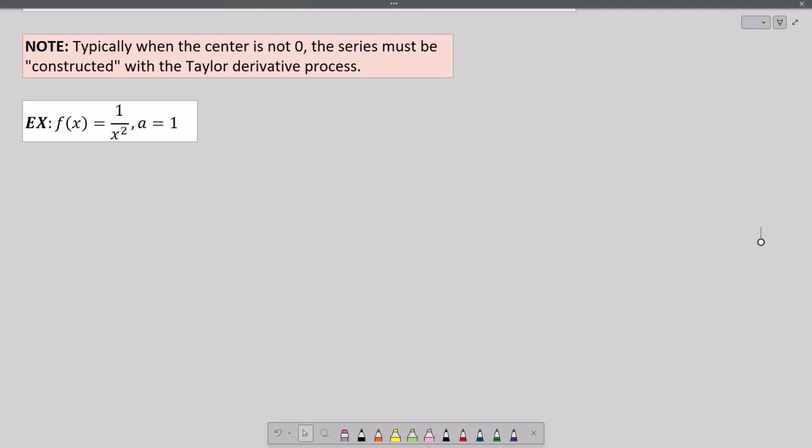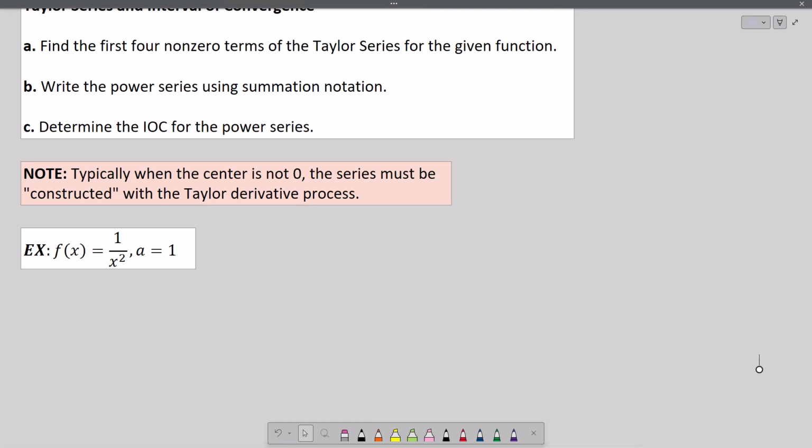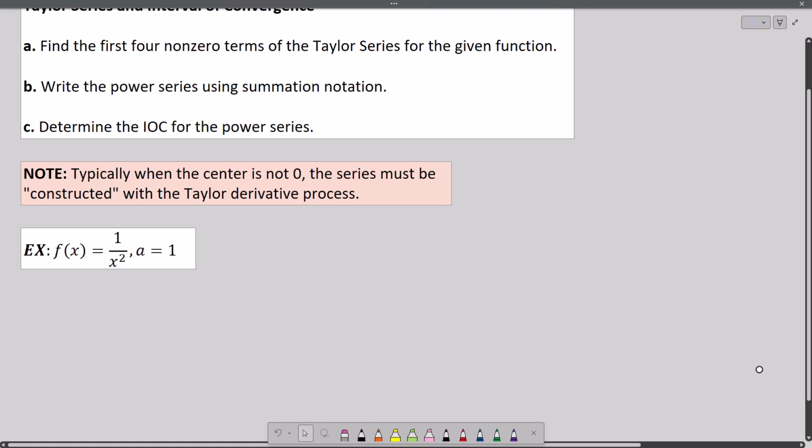And so this one said go down to 4. So first 4 non-zero terms. Not necessarily p sub 4. First off, if there's no coefficients that are 0, if we want 4 non-zero terms, would that be p sub 3 or p sub 4? If we want 4 terms, is that p sub 3 or p sub 4?